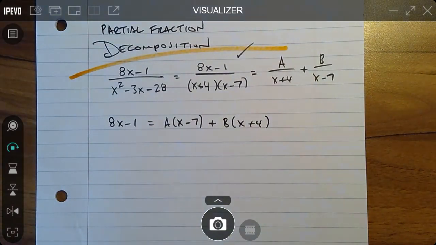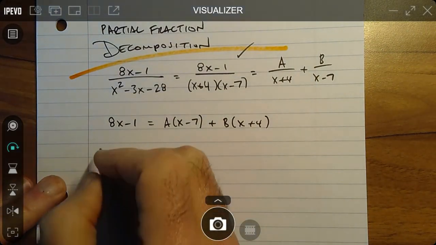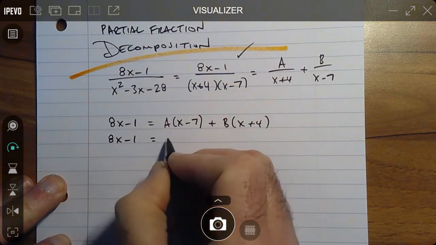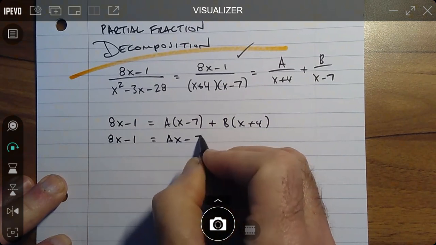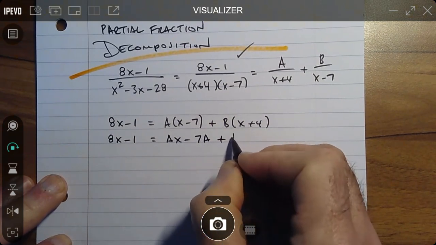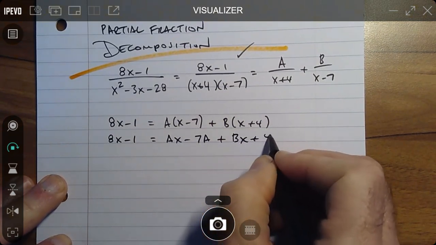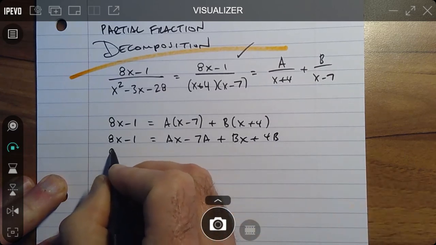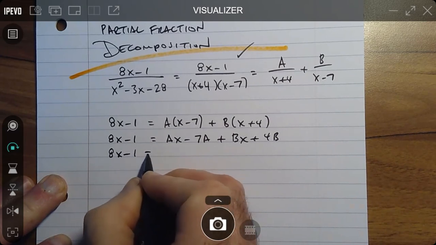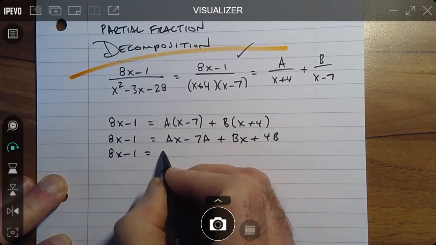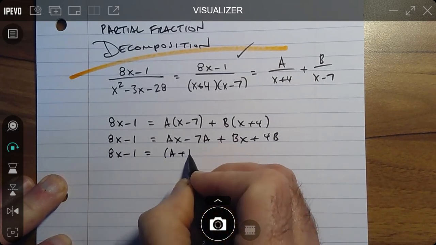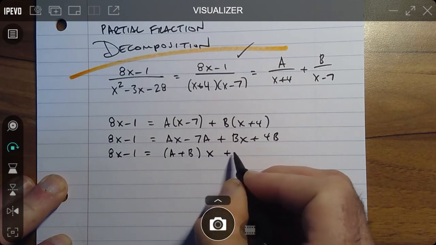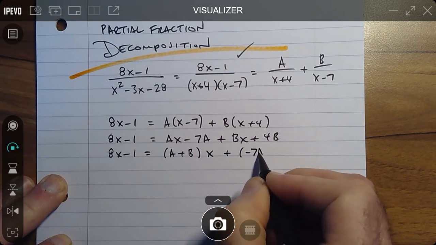Fine. And we need to solve for a and b. So we're going to clean this up a little bit. 8x minus 1 is ax, take away 7a plus bx plus 4b. And that means that 8x take away 1 equals, the x's, I have a plus b x's, and my constant is negative 7a plus 4b.